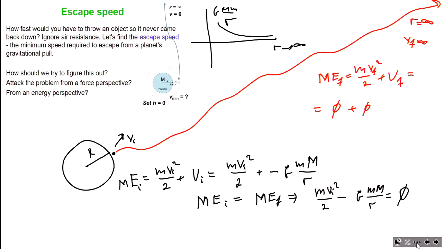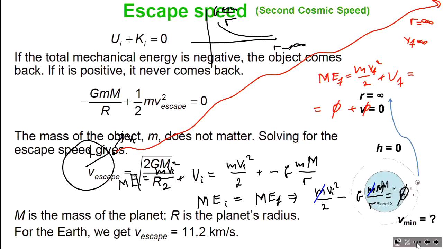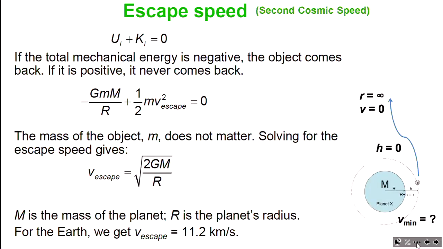Now we have to cancel the mass again and solve it for that speed. That's the minimum speed necessary to escape, to leave the central planet. And for the Earth, it's about 11 kilometers per second.